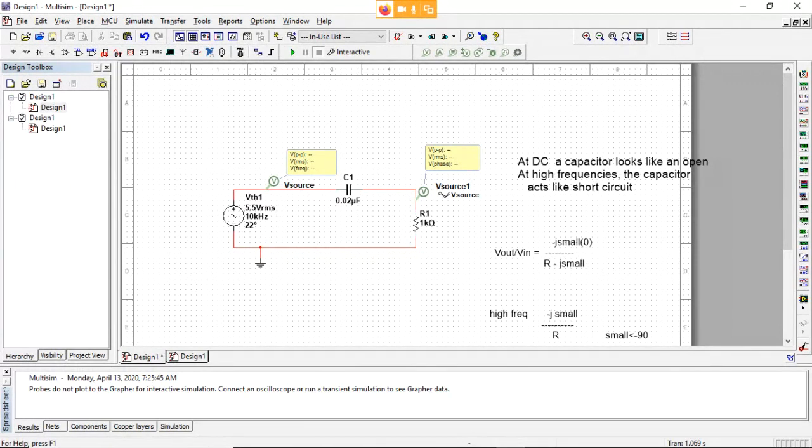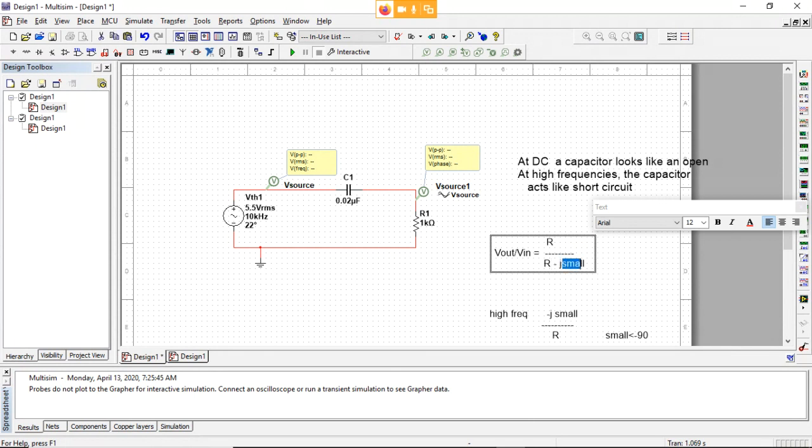But for the high pass circuit, at high frequencies, this was R here. So you had R and then R minus J X of C, which X of C is small at high frequencies.